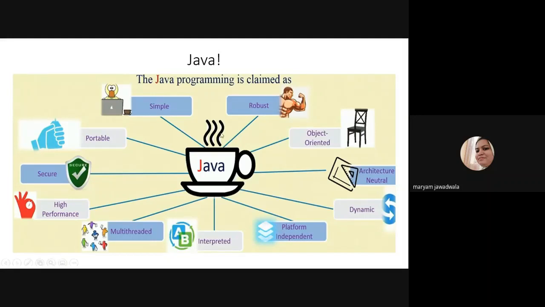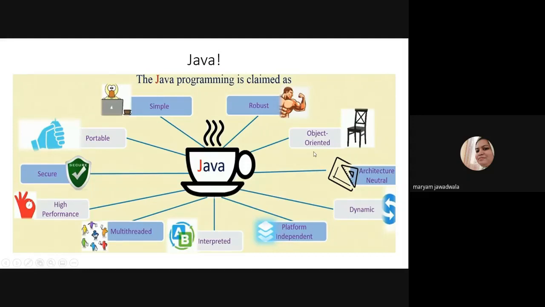First, Java is a very simple programming language. It is portable, it is secure, it is a high performance language. It is multi-threaded, interpreted, platform independent, dynamic, architecture neutral, and object oriented.